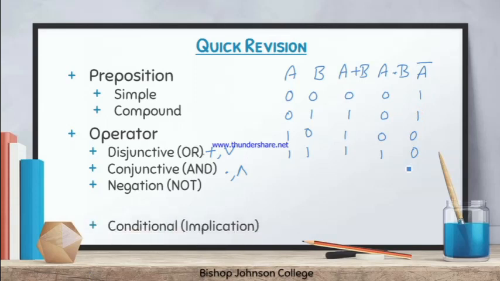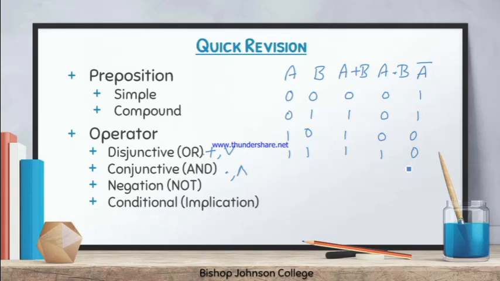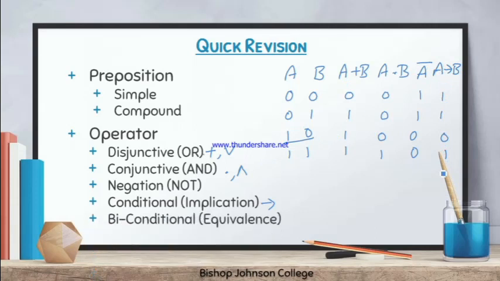Then a conditional. It is also known as implication and is represented by the single-sided arrow. When A implies B, in implication 1 to 0 is 0, and the rest will be 1. And then the last operator, biconditional.